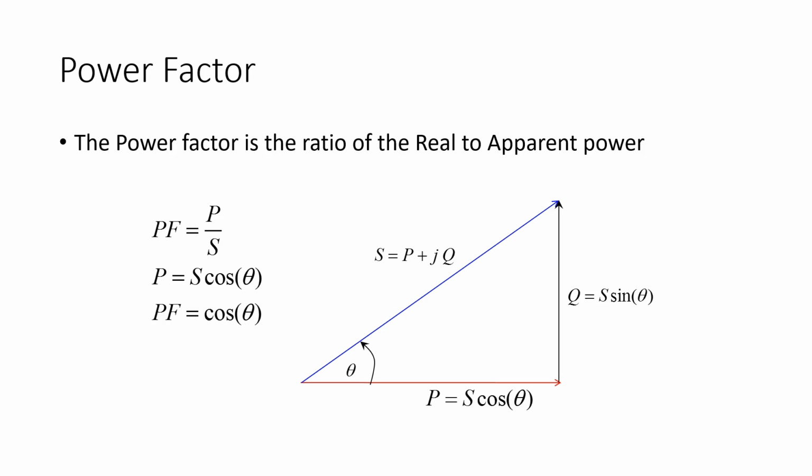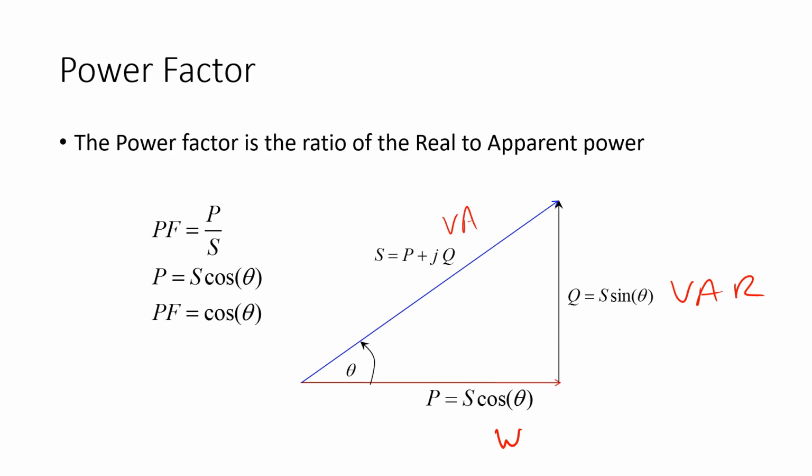So let's look back at the power triangle. If you remember the power triangle, we have P, which is represented on the horizontal, Q on the vertical, and the hypotenuse is S. P being the real power in watts, Q being the reactive power in VARs, and S being the apparent power in VA.